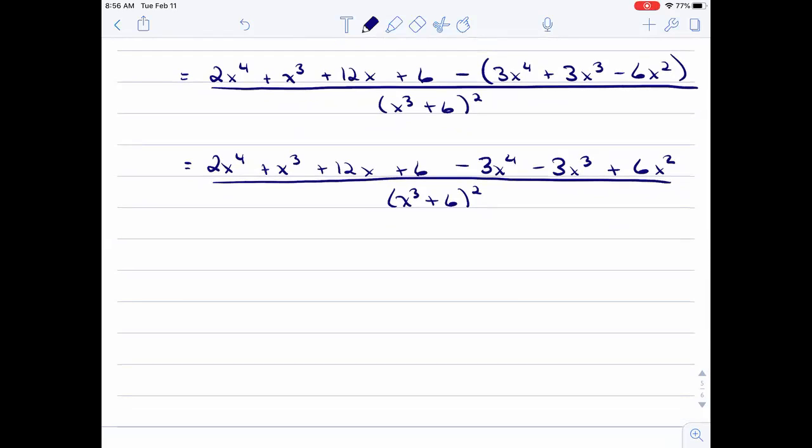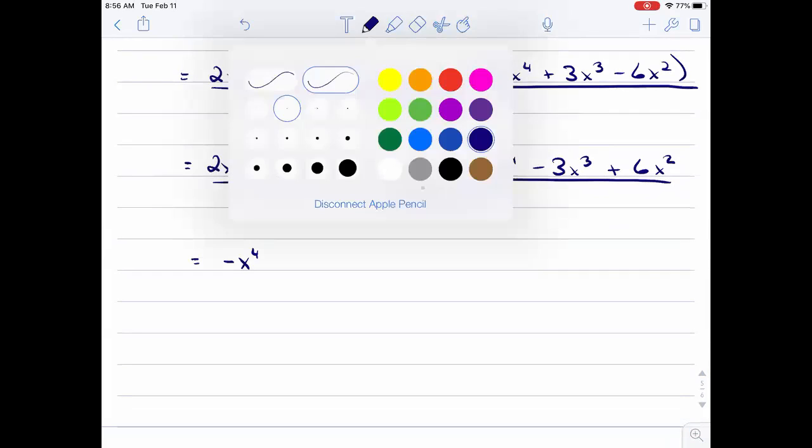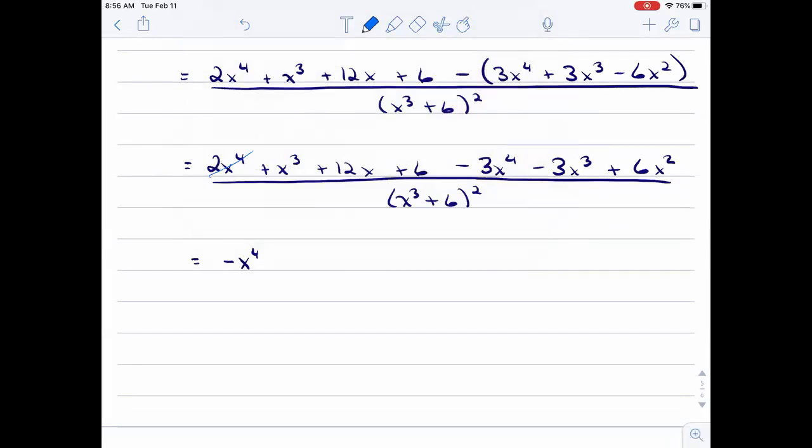We can collect some like terms here, right? We've got 2x to the 4th minus 3x to the 4 puts me at negative x to the 4. And I'll just show that I've used those up. And then I've got x to the 3 minus 3x to the 3, putting me at minus 2x to the 3.